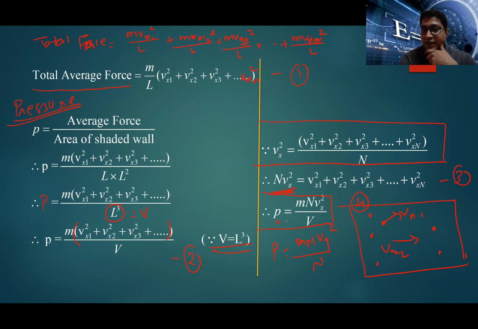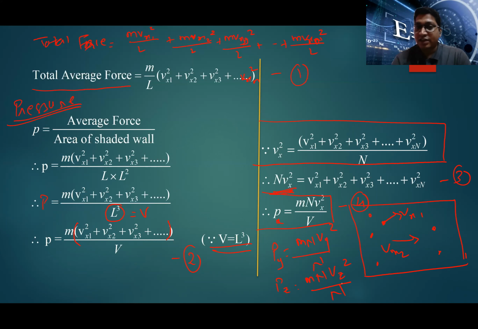So this is my Px, this is my Py. Similarly, we can write Pz, and that is going to be m n Vz square divided by V. So along the x direction, the pressure exerted by all the gas molecules on that particular wall, along the y direction, along the z direction.